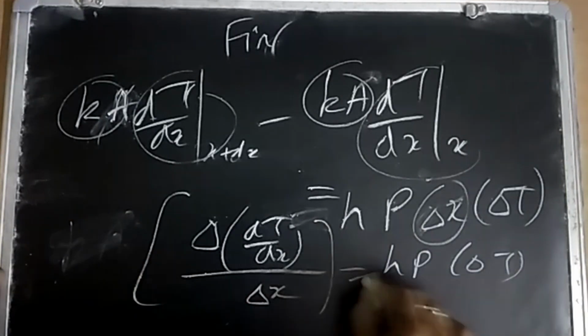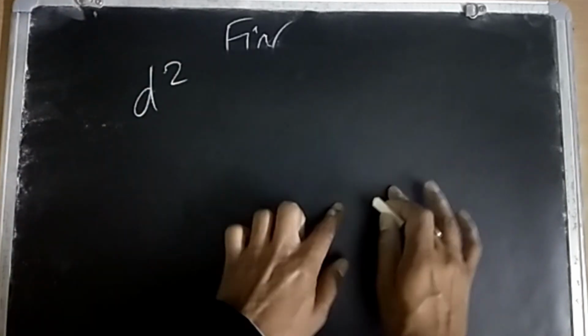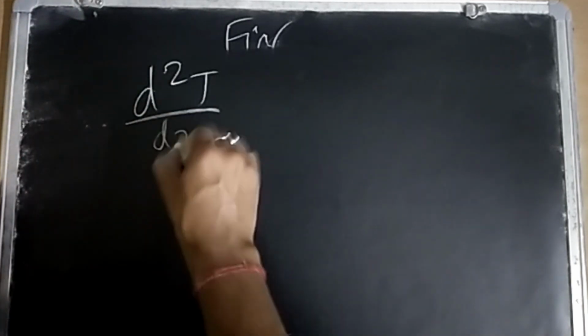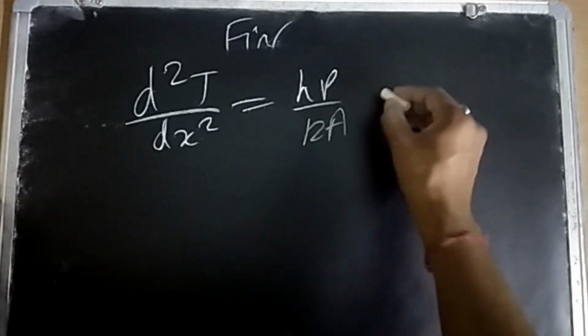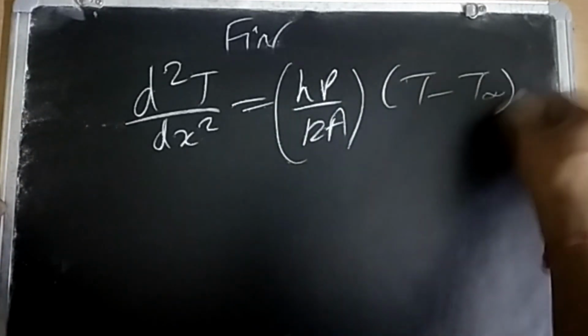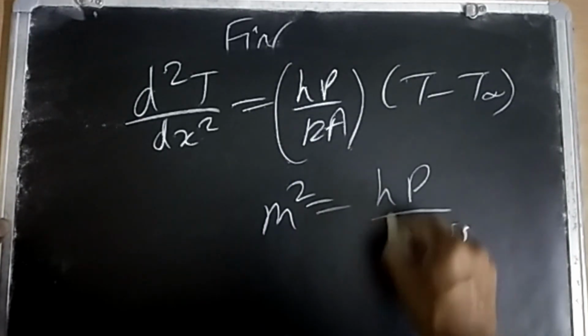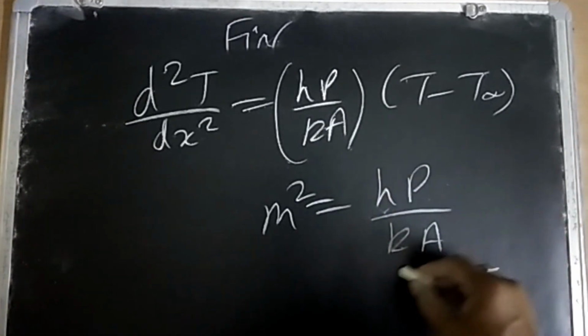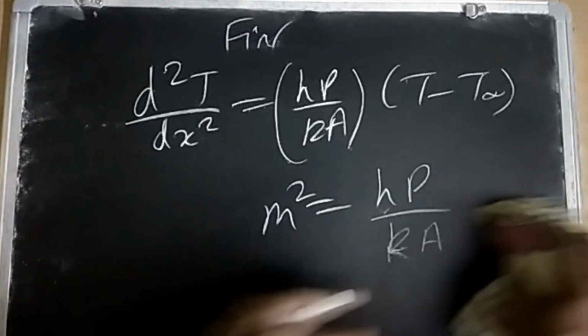Now put this over here. So hP by KA is something. I'm telling this because some people just mug up the final formula, but no need to do that. So it will be now delta of dT/dx is d square T by dx square, and this will become, now we write hP by KA as some quantity, and this is T minus T infinity, that delta T. So let's write m is equal to this, we need m square. m square is hP by KA. hP by KA, you need to learn it this way.